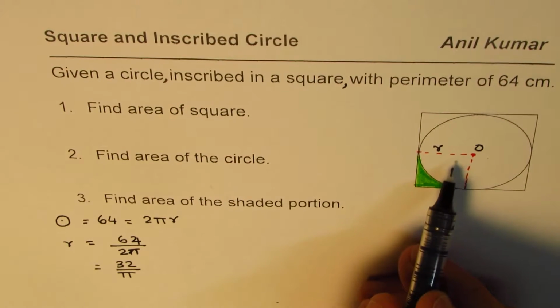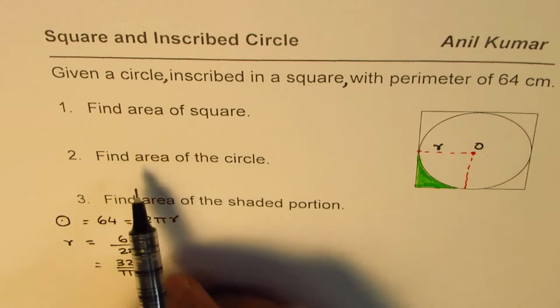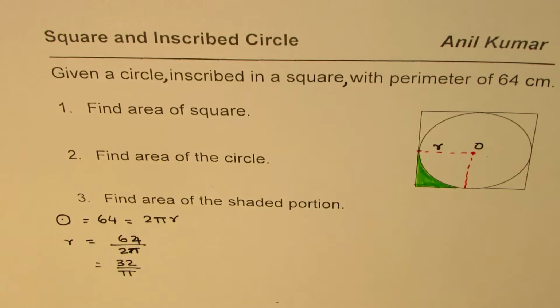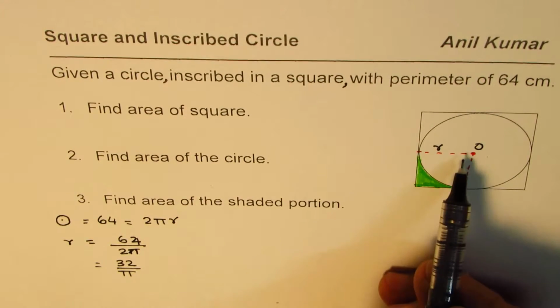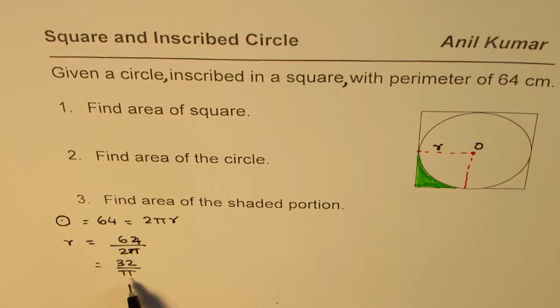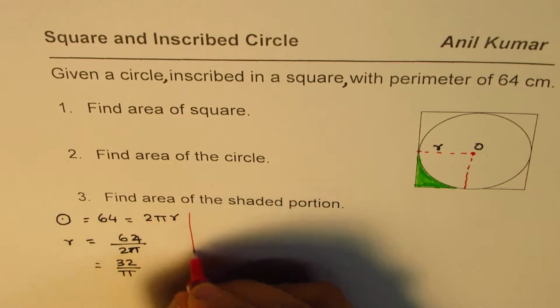Now once you know the radius, you can find the area of the square, the area of the circle, and also the area of the shaded portion. At this stage, you can actually pause the video, answer the question, and then look into my suggestion. Now we need to find the area of the square. Since the radius is 32 by pi, what is the diameter? Well, let's write it down.